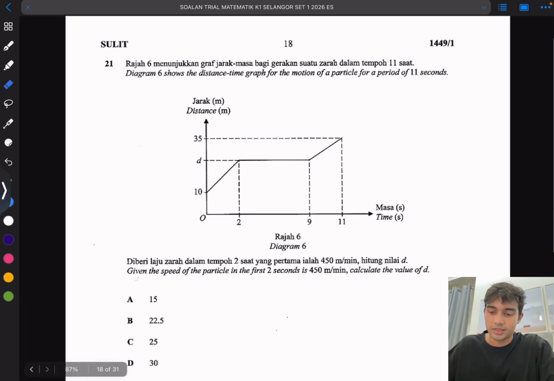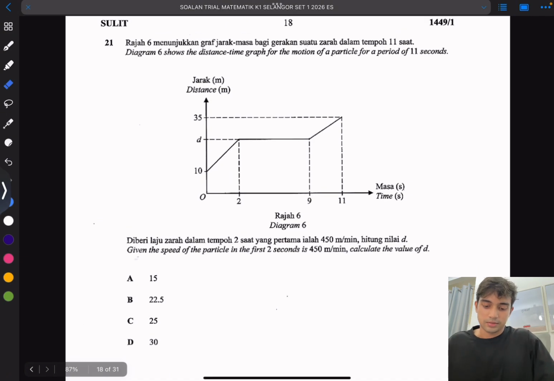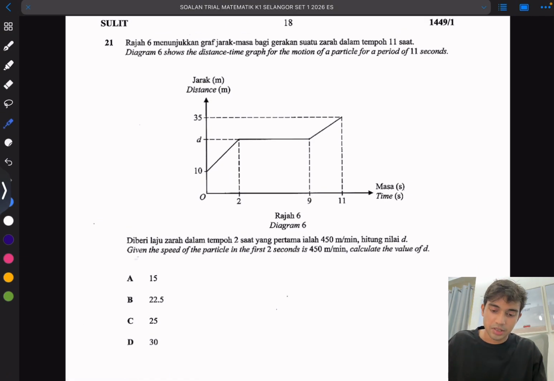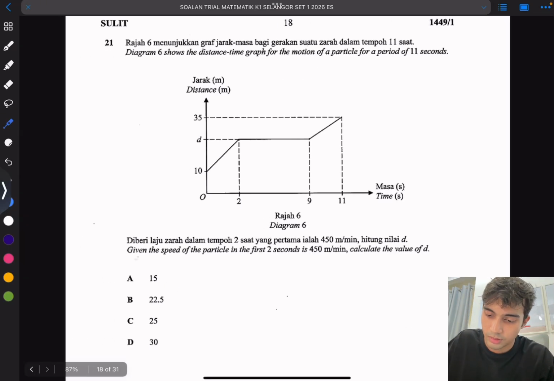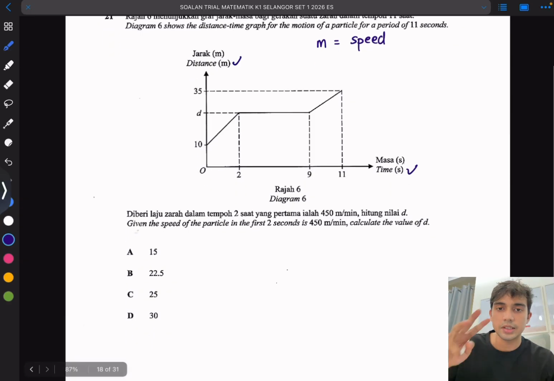Alright, the second half. 21. Diagram 6 shows the distance time graph for a particle in a period of 11 seconds. So in a distance time graph, our gradient will represent speed. You just have to remember 3 things.